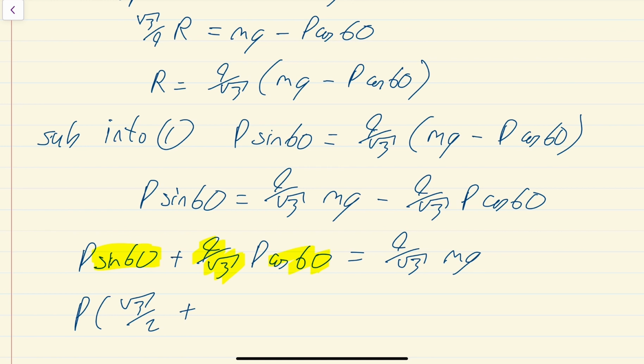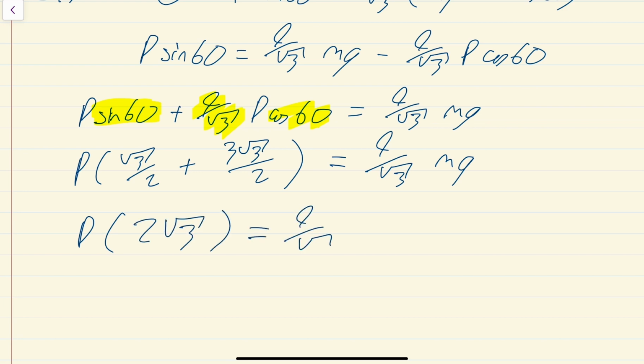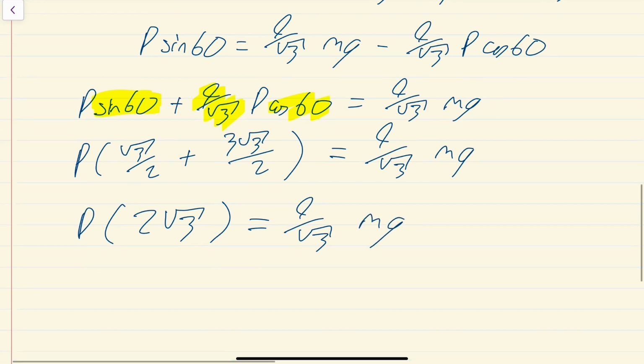And if I did that in my calculator, I would have got 3√3/2. And then that just equals 9/√3 mg. And then let's tidy that up. That's going to be P times 4√3/2, which is the same, of course, as 2√3, is equal to 9/√3 mg.